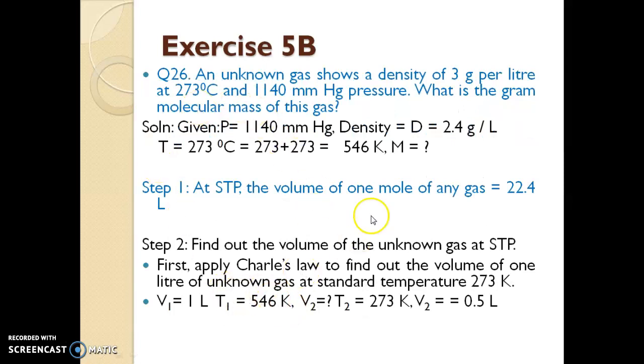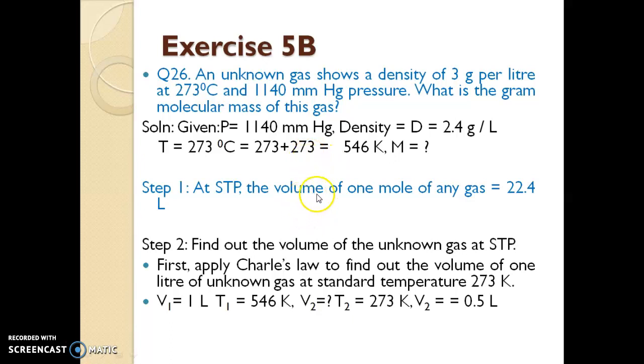Now this is a little bit tricky problem, question number 26. Now see here, you have been given pressure, density, temperature, and you have to find out the molecular weight. Now you have never done such a type of problem in class 9 also.